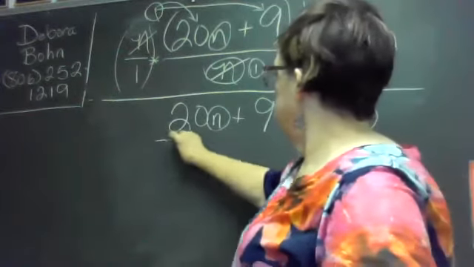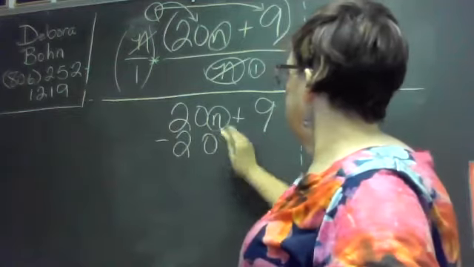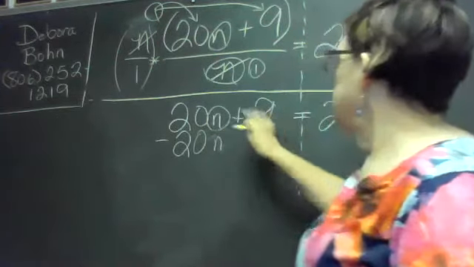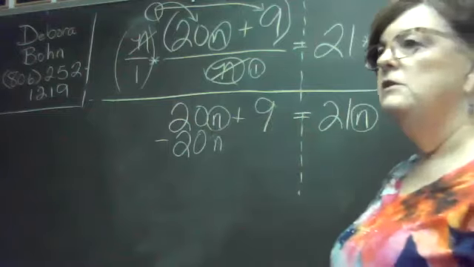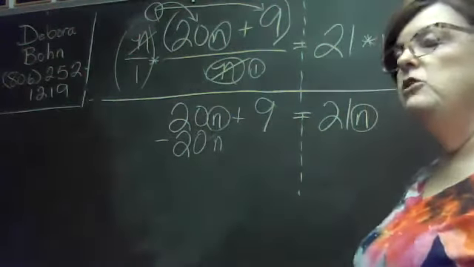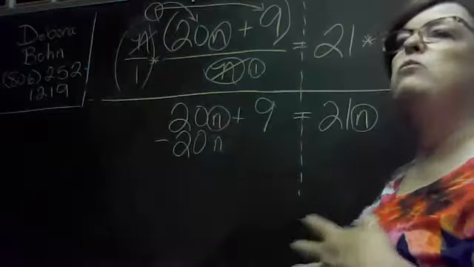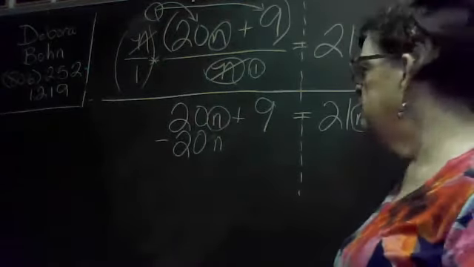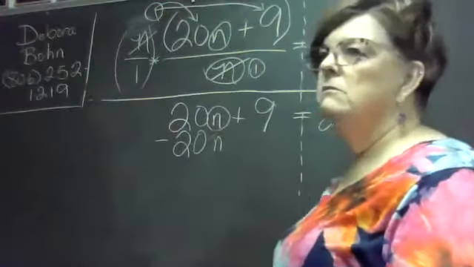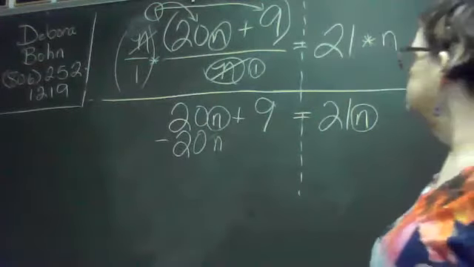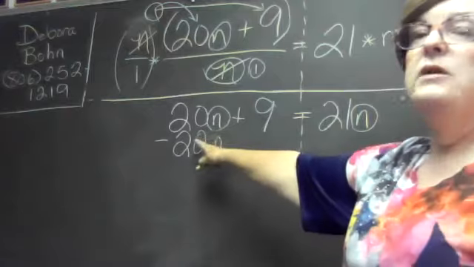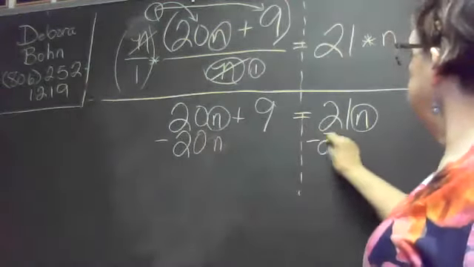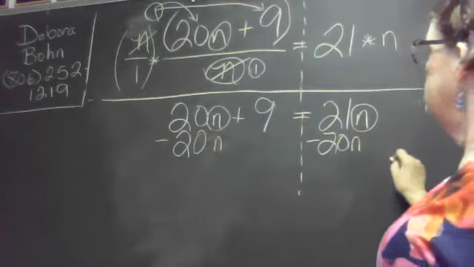So let's subtract the 20n, and the way I knew to do this one was because it was with some extra stuff, okay? I'm just giving you the benefit of my wisdom of all my hundreds of years doing math. I just know it's going to cause you problems if you do this one. Okay, so if I subtracted 20n from this side, then I have to do it on the other side to make sure that I balance.